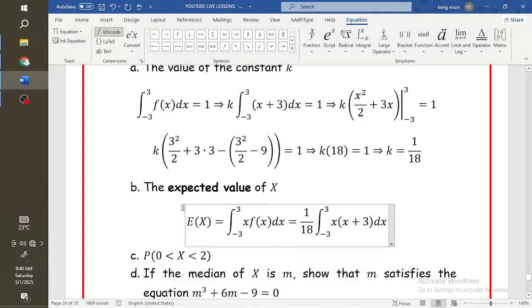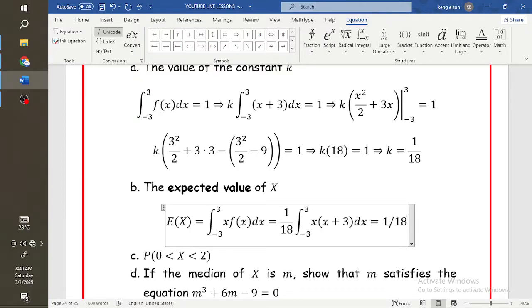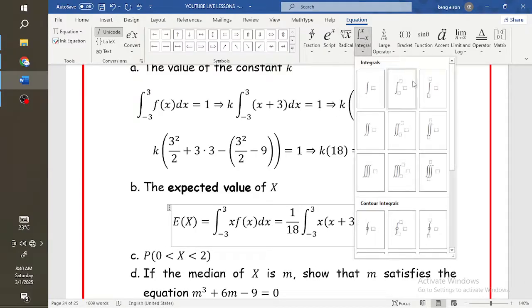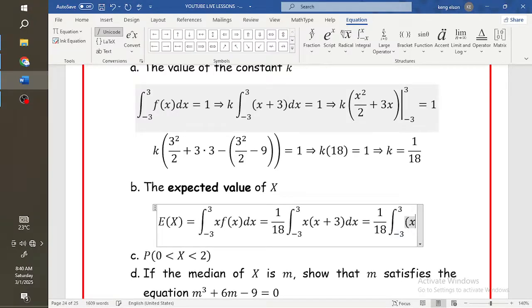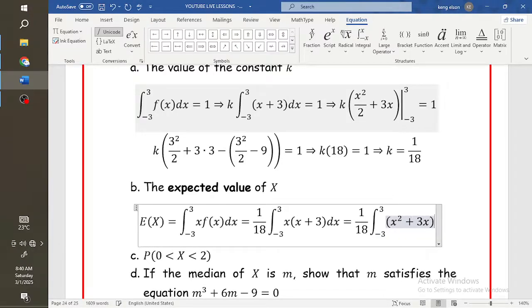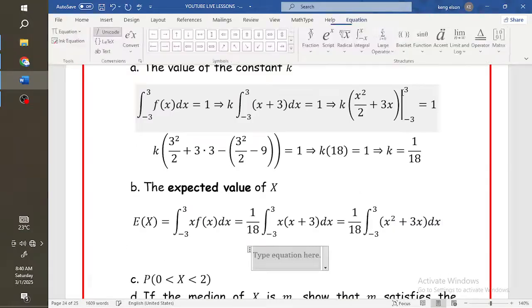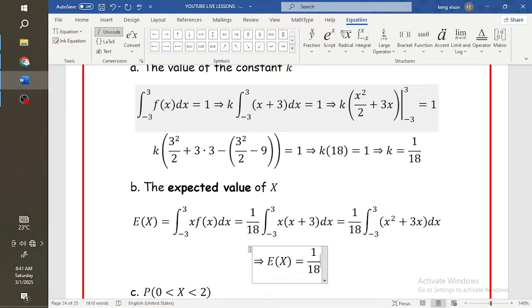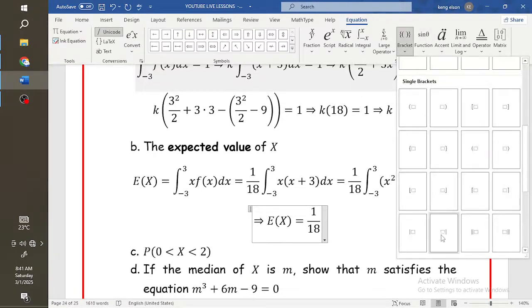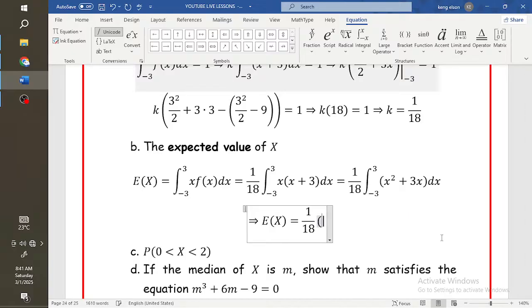So this gives me 1 over 18 times the integral from minus 3 to 3. I'll multiply every term by x, so I get x squared plus 3x dx. This means that my expected value is 1 over 18. Now let us integrate separately. Integrating the first term, I get x cubed on 3.